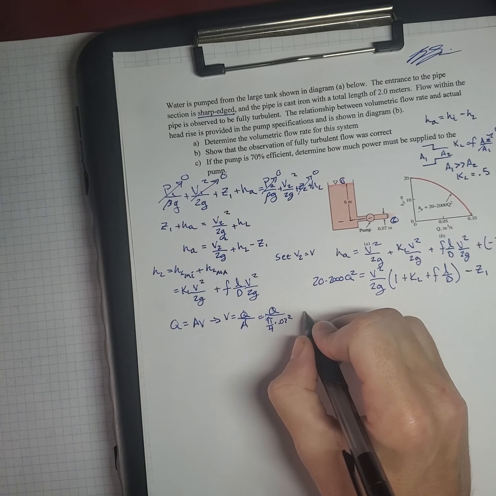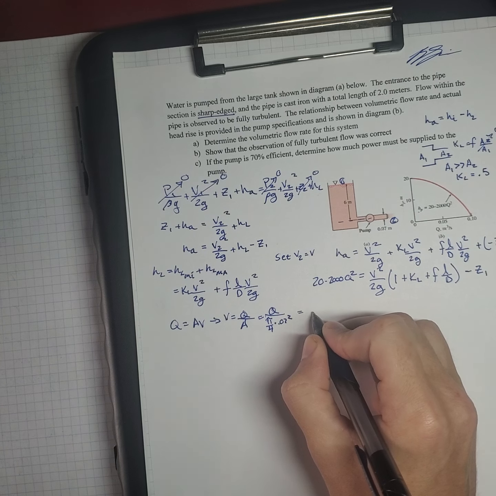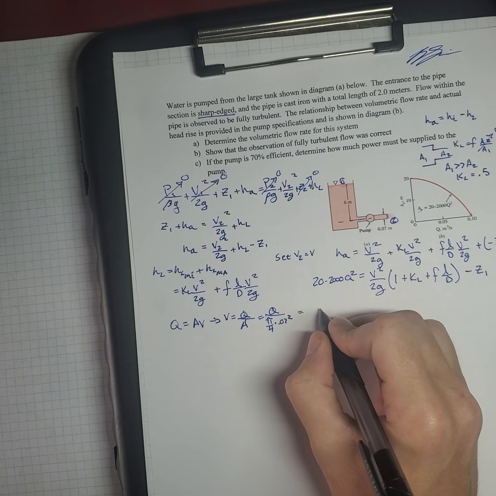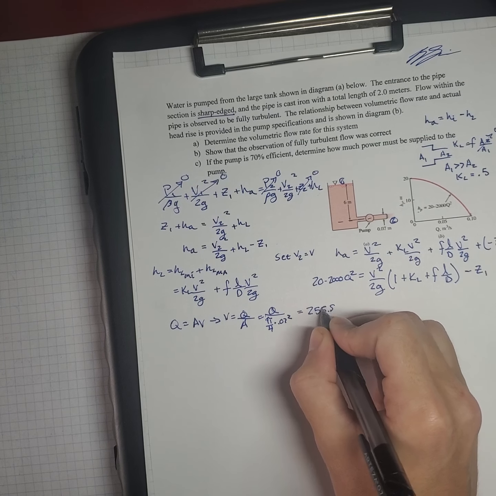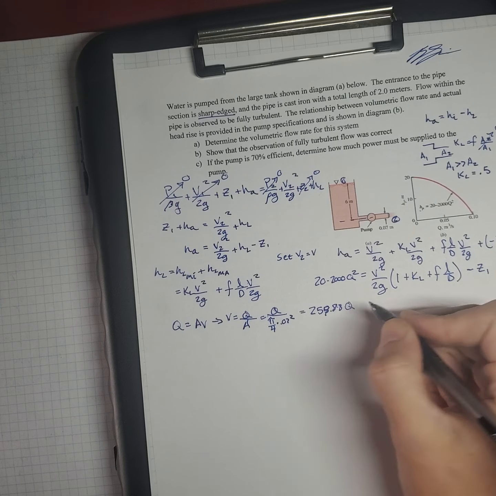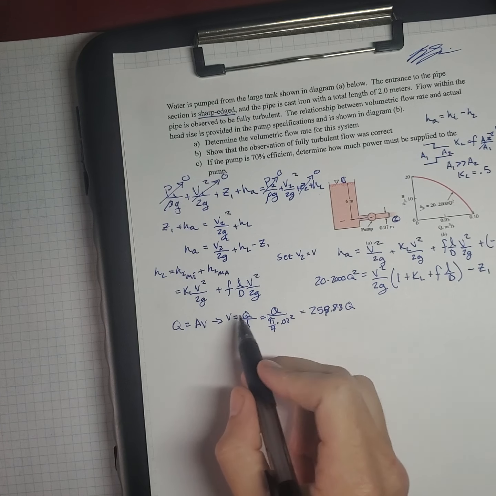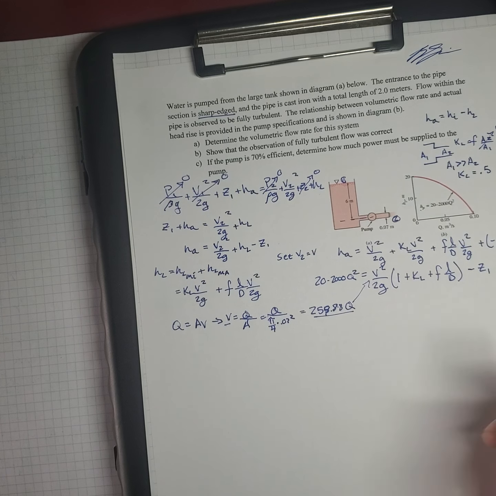We don't need to convert. Previously did this calculation. That will be 259.88 Q. So now we have V in terms of Q, and we will replace V with Q in order to solve for Q.